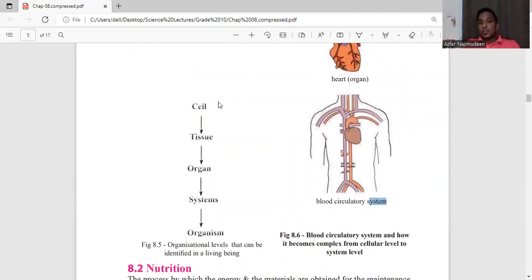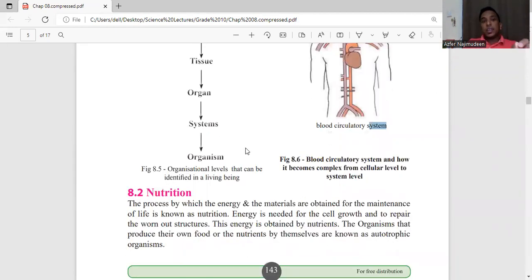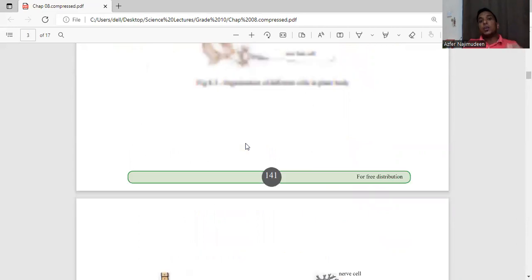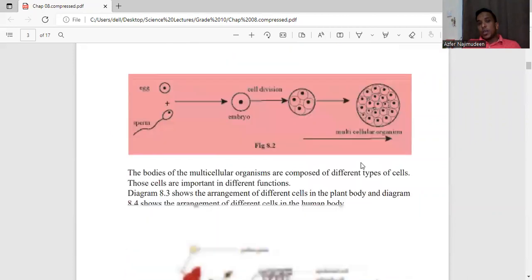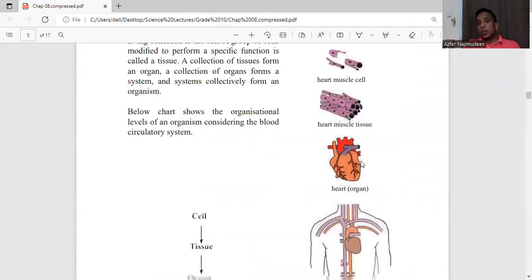You can see a cell, a collection of cells forms a tissue, a collection of tissues forms an organ, a collection of organs forms a system, and a collection of multiple systems, for example circulatory system, digestive system, nervous system, lymphatic system, skeletal system, reproductive system, all these systems together form an organism. Understood? So this is what is said in this particular characteristic, which is cellular organization. I explained it clearly, right?